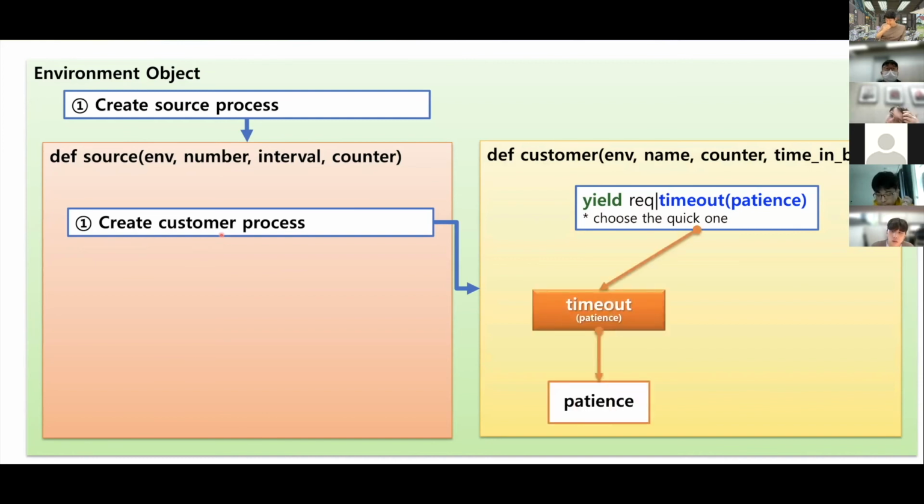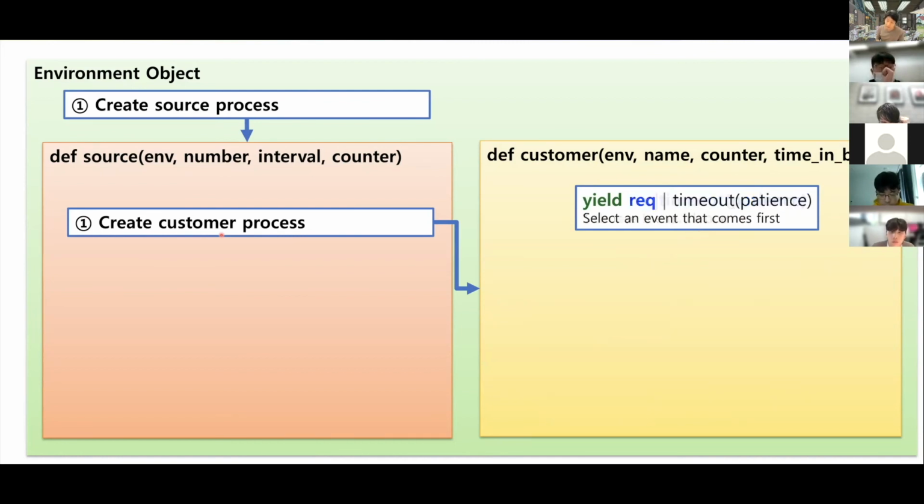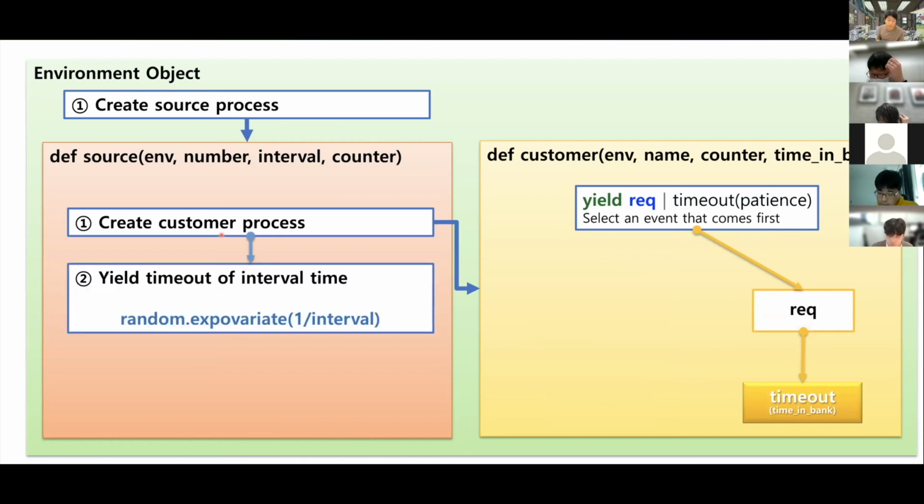So if the timeout event is finished earlier, then this timeout will be executed. And if the service is available before the patience is over, then the request will be executed and service time will be consumed in the bank.